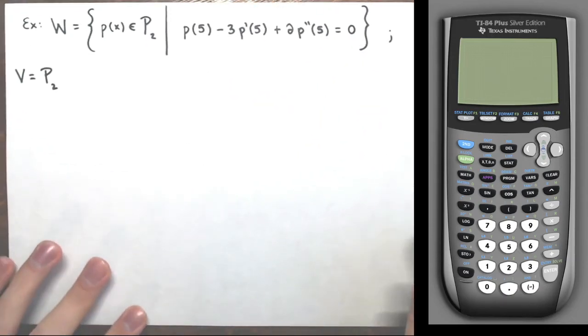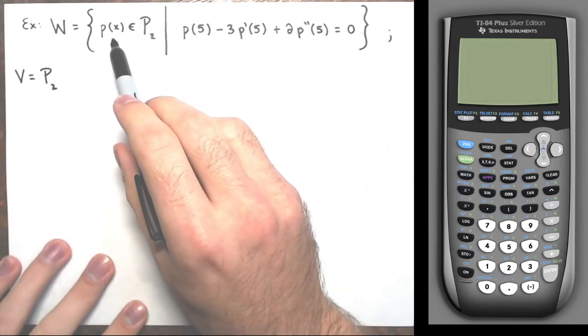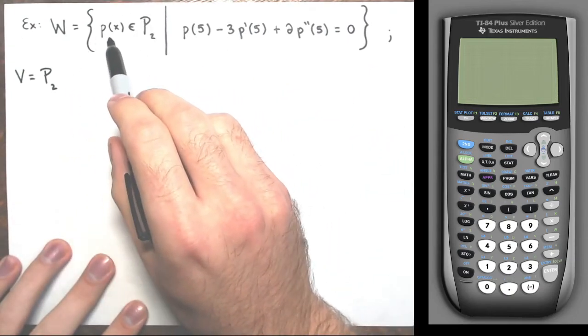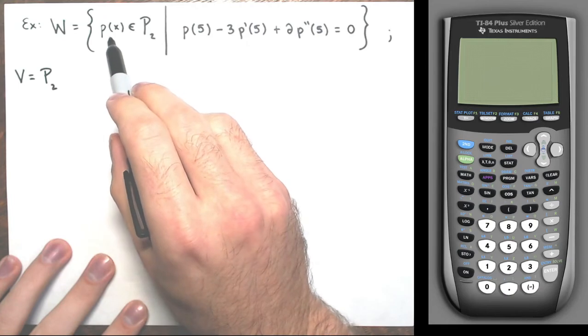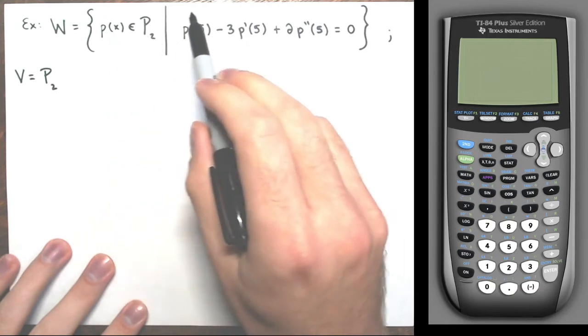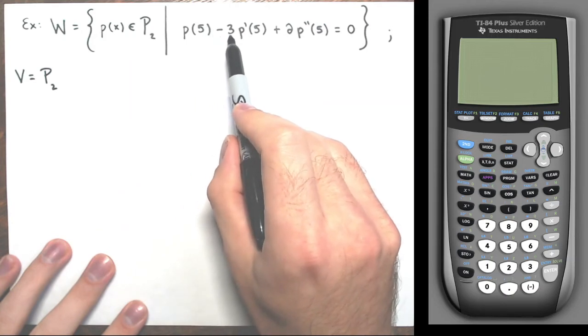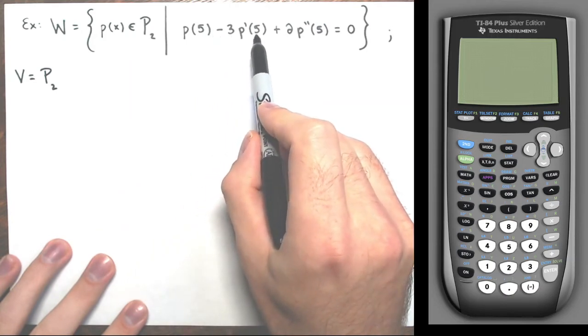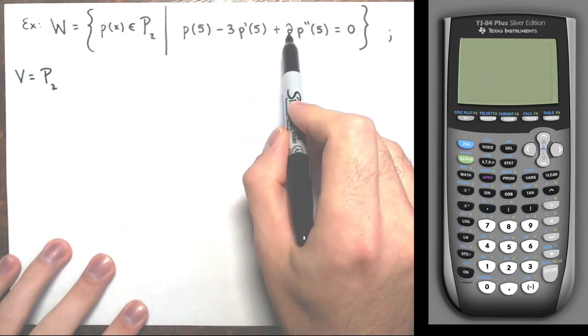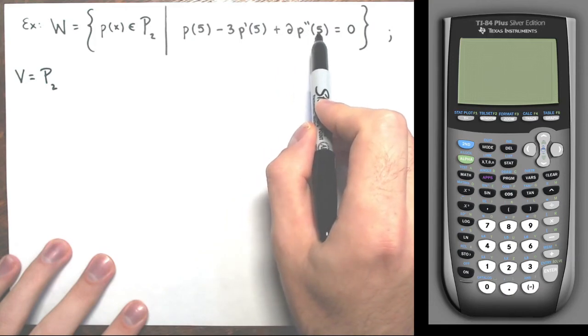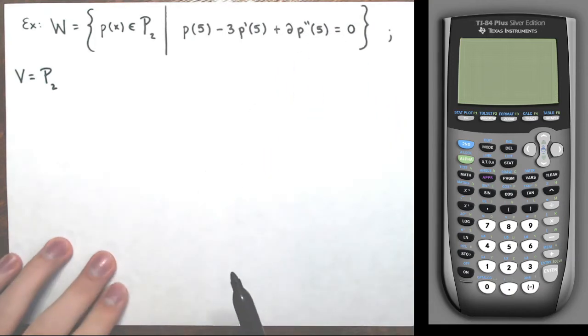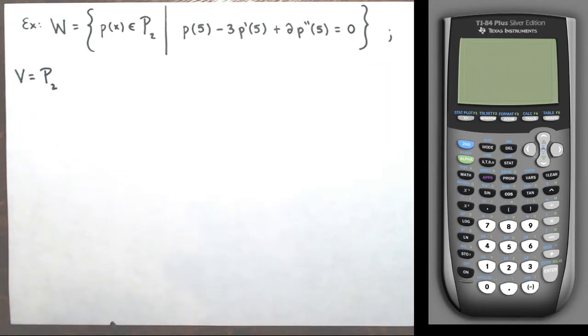Power rule for derivatives and everything. So in W, you have all the polynomials of degree 2 or less that satisfy the following. The value of the polynomial at 5 minus 3 times the value of the derivative of the polynomial at 5 plus 2 times the second derivative of the polynomial at 5 is equal to 0.